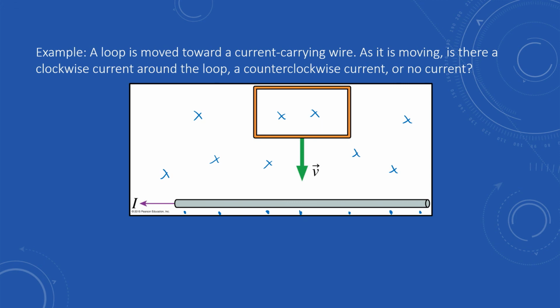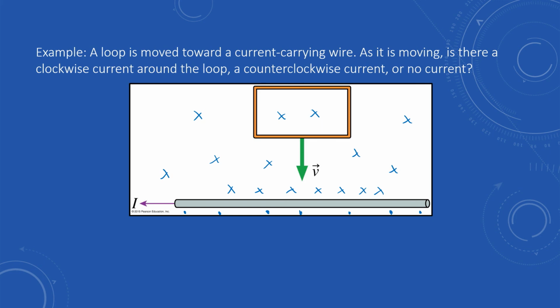Looking at what's going on, recognize that we are taking this loop and moving it closer to the source of the magnetic field. As a result, it should be getting stronger. Technically I could show that by adding even more X's here to indicate a stronger field. So we're moving it into a region that has more field. If that's the case, the flux will increase.